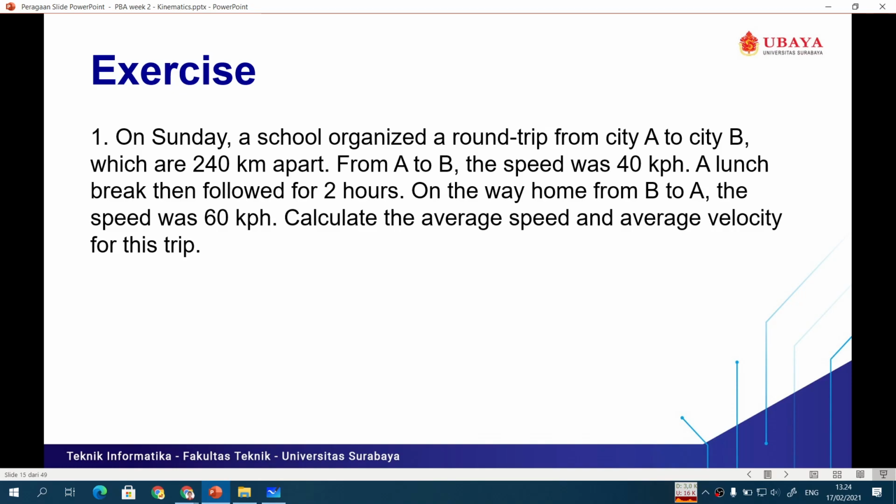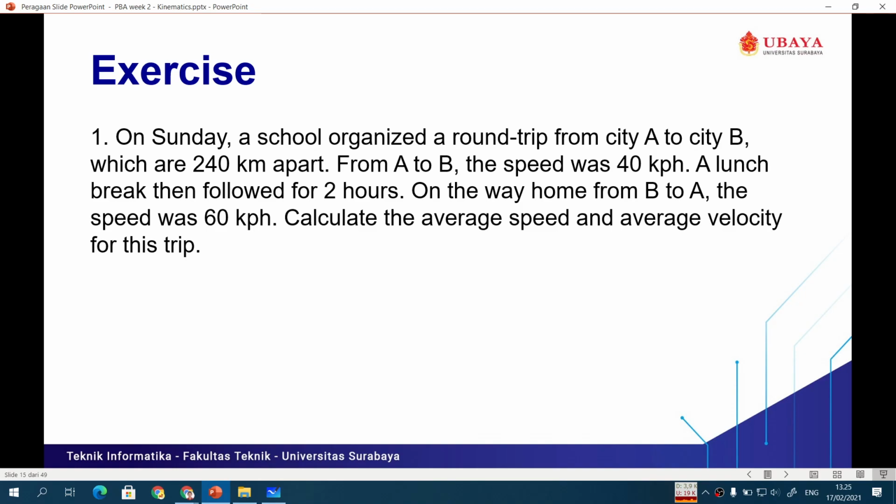Okay, let's do some exercises. Number one. Let's say on Sunday, a school organized a round trip from city A to city B, which are 240 kilometers apart. They go from A to B by bus at a speed of 40 kilometers per hour. A lunch break then follows for 2 hours at B. And then on the way home from B to A, the speed was 60 kilometers per hour.